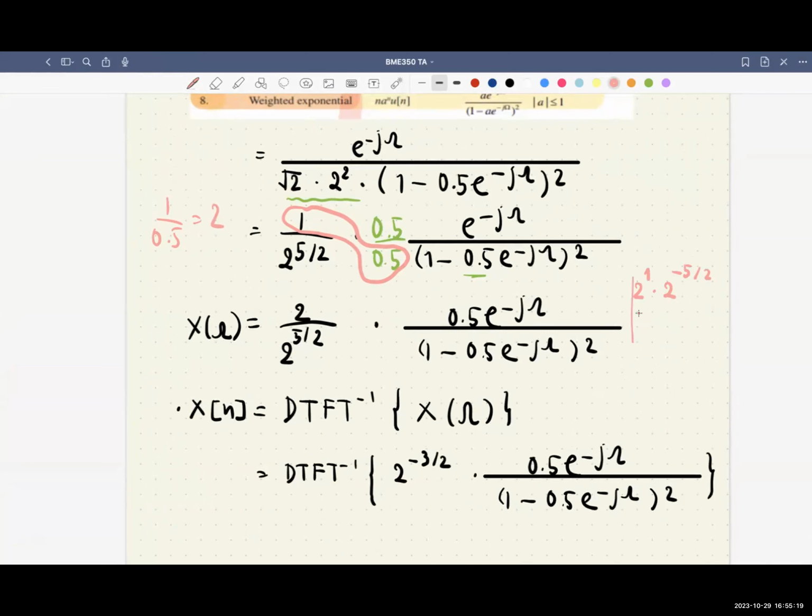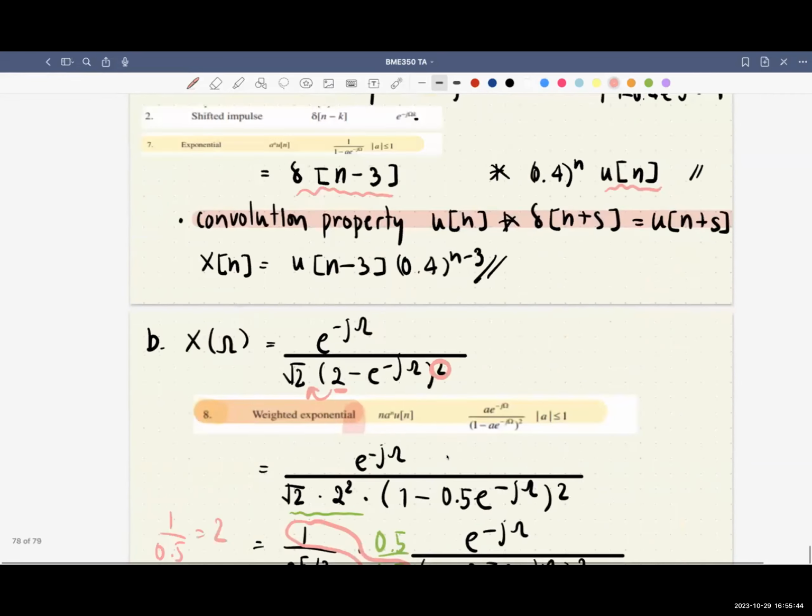So this part is just equal to 2 to the power of 1 minus 5 over 2. So 2 to the power of 2 minus 5 over 2 is 2 to the power of negative 3 over 2. Okay, cool. Okay, let's move on.